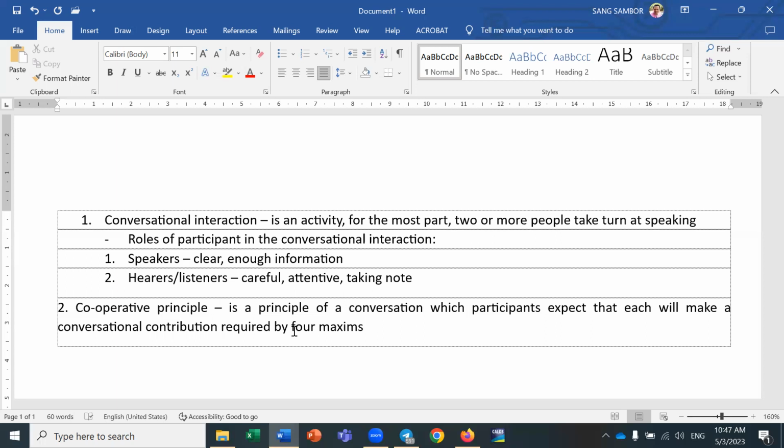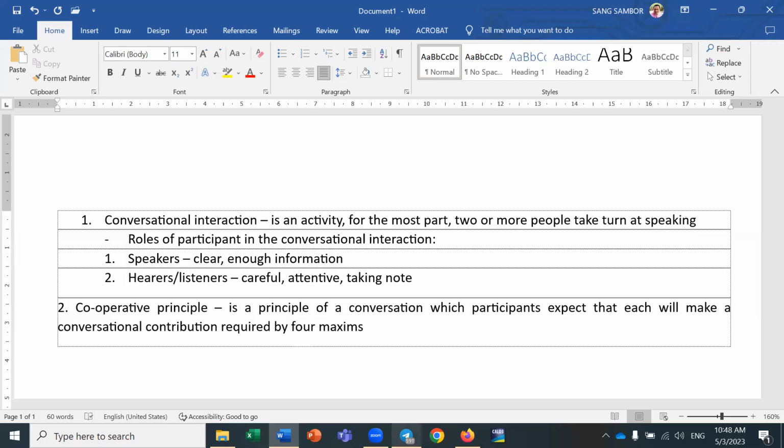The speaker is speaking by following the four maxims, and the listener is cooperating with the speaker as well. While the speaker is talking, the listener needs to be listening carefully. So people who are taking part in any conversational exchange seem to be working cooperatively.